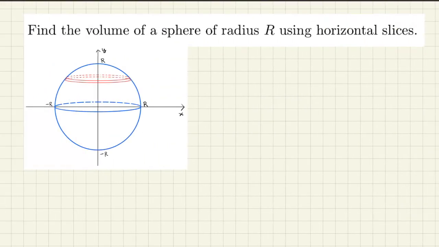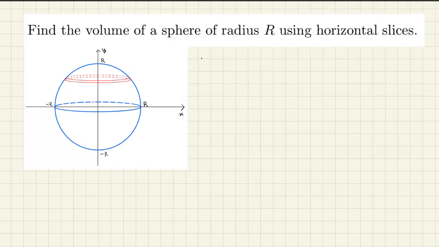For the next example, we want to find the volume of a sphere of radius r using horizontal slices. So in a way, we want to derive the volume of a sphere using the method of slicing.